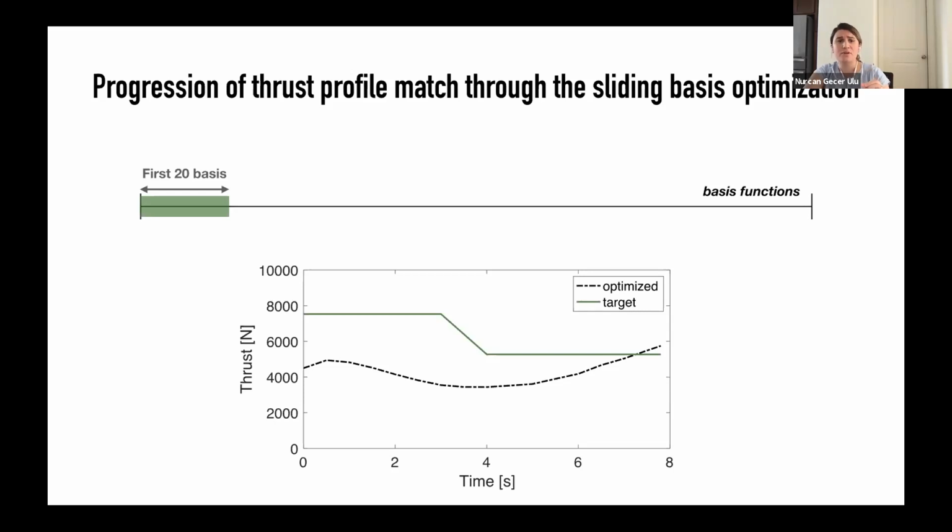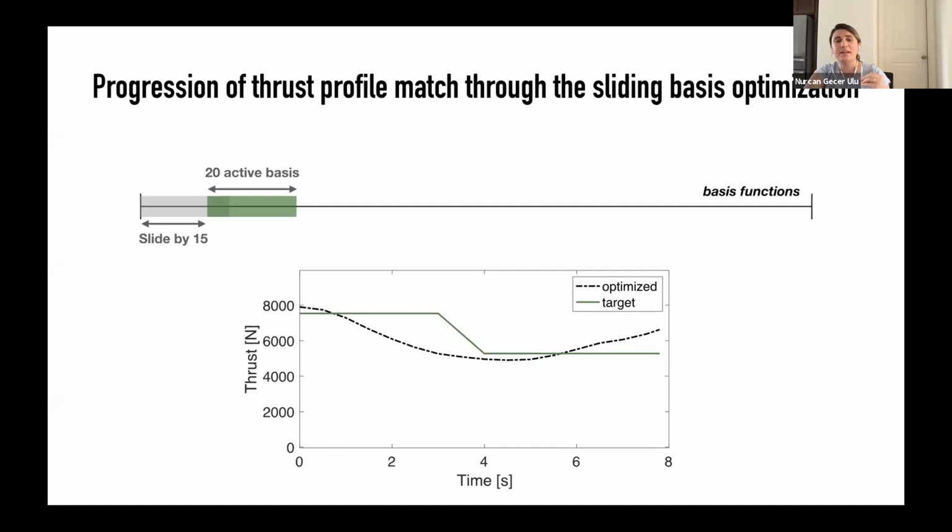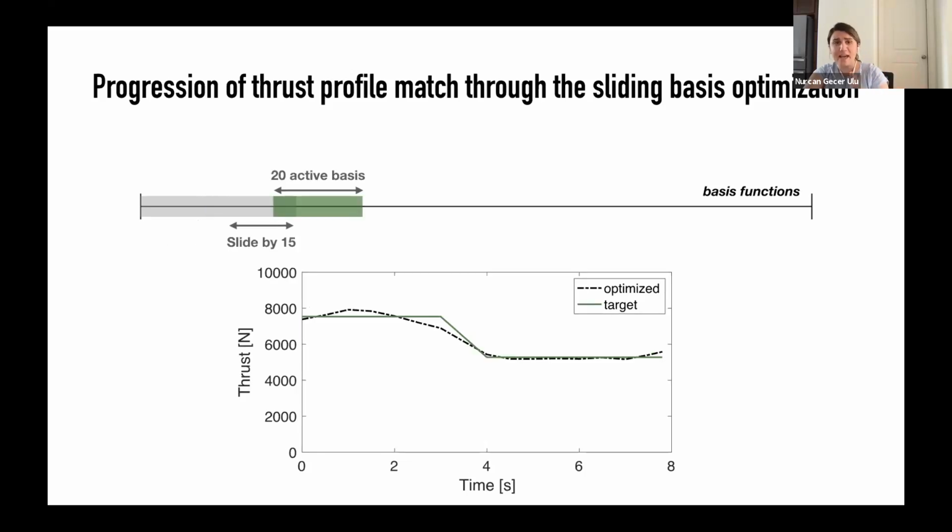We start with the first 20 bases, and then we slide by a certain amount, in this case 15, and then we activate the basis functions that are in this green region, and then we slide again. As we incorporate more basis functions through the sliding basis optimization steps, we are getting a better match between the target and optimized thrust profiles.